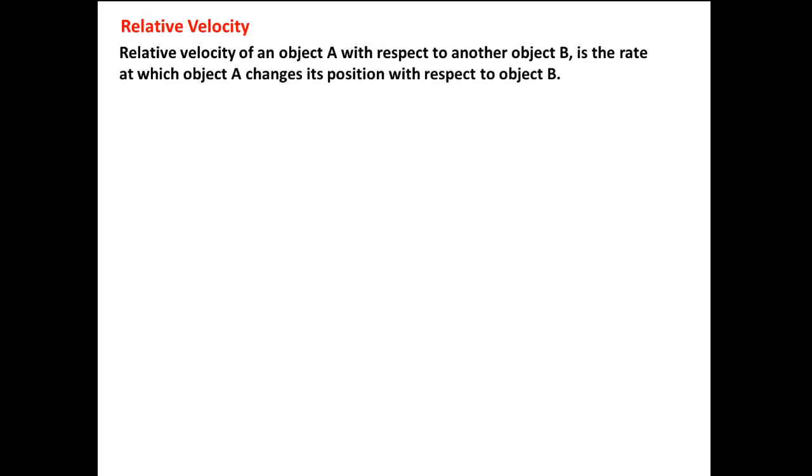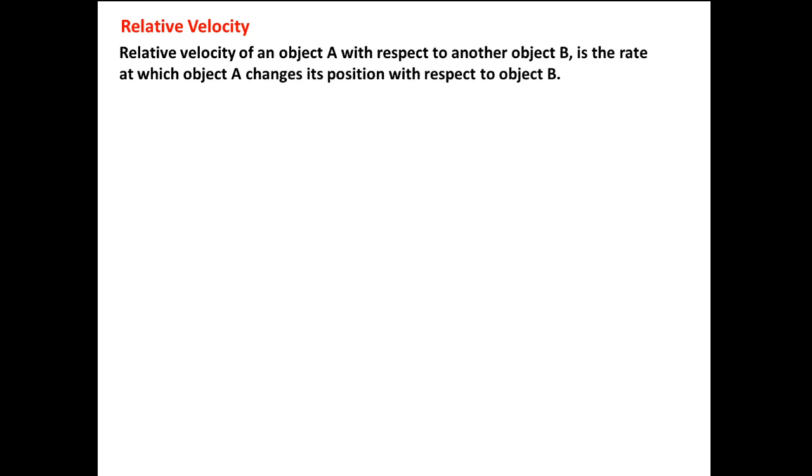First, the relative velocity of an object with respect to another object. Let us say we want the velocity of A with respect to B. The relative velocity of A with respect to B is the rate at which A changes its position with respect to B. That is the definition, or the sense, of relative velocity.